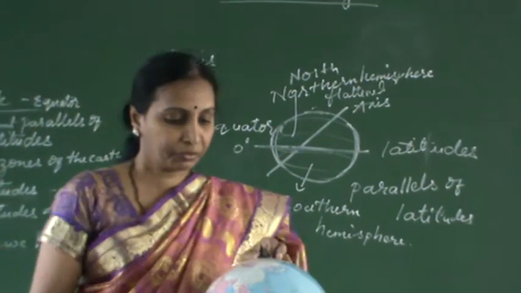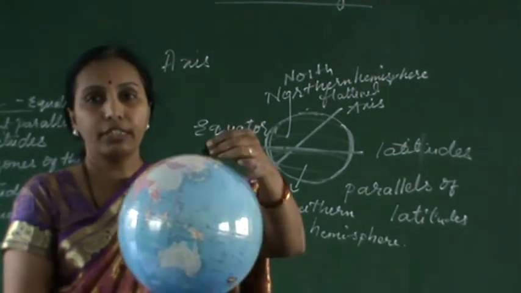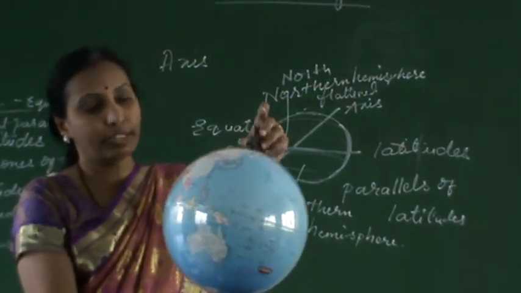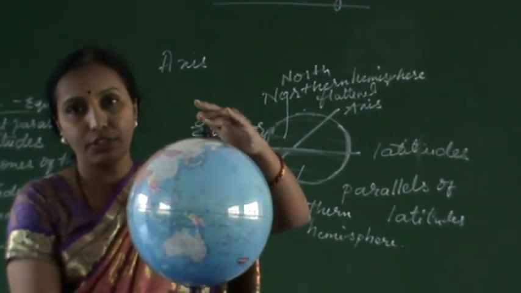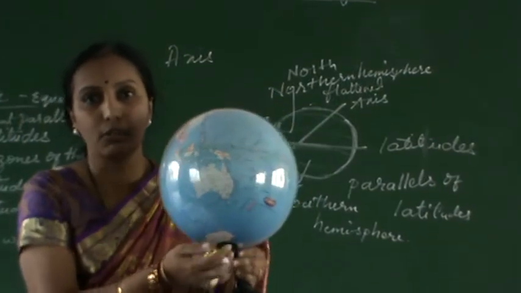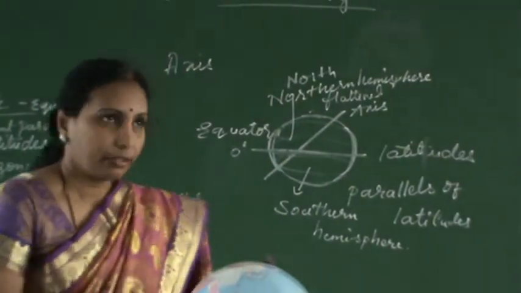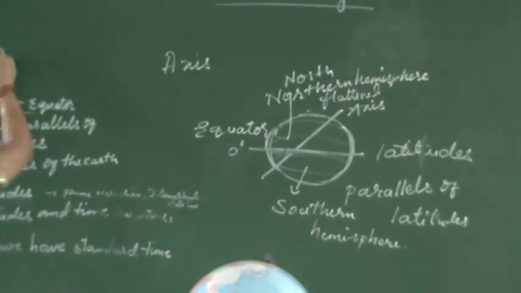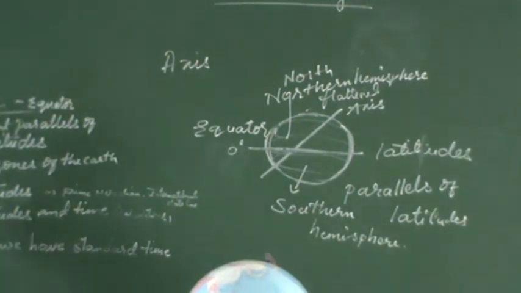And here are the two poles. This top one is the north pole, and this bottom one is the south pole. You understand now? For the globe: axis, poles.